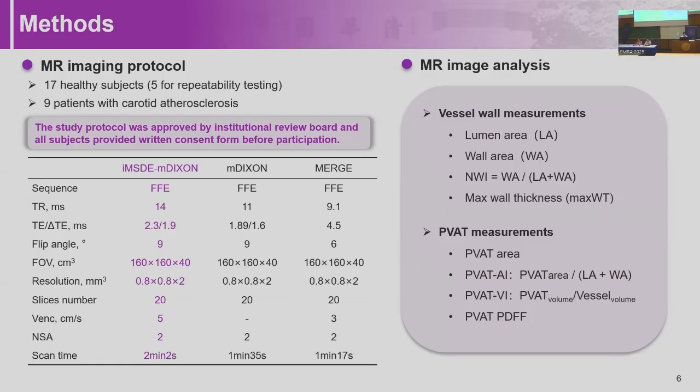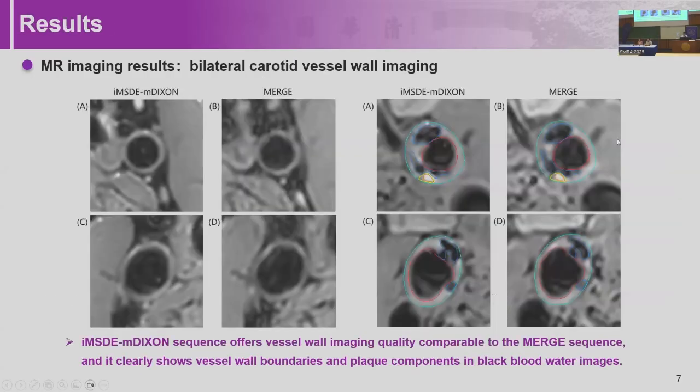We compared its vessel wall measurements with the MERGE sequence and its PVAT measurements with the Dixon sequence. The vessel wall measurements include lumen area, wall area, normalized wall index, and maximum wall thickness. The PVAT measurements include PVAT area, area index, volume index, and PDFF maps.